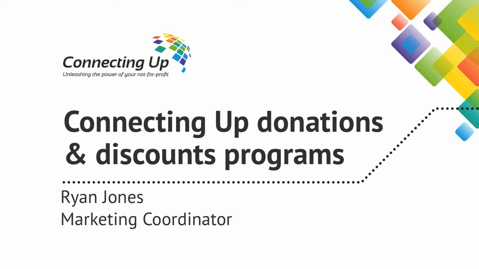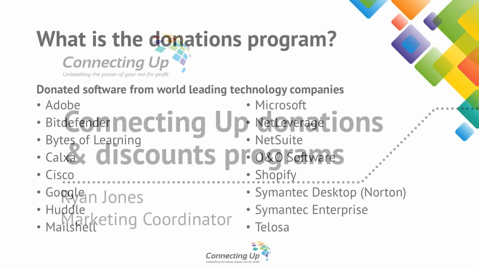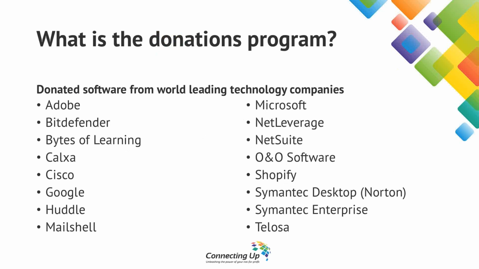But to start with, I just want to quickly mention what is this thing that we call the donations program. Some of you may remember a program called Donatech. That's the old name for it. Essentially what the program is all about is cheaper technology for charities.